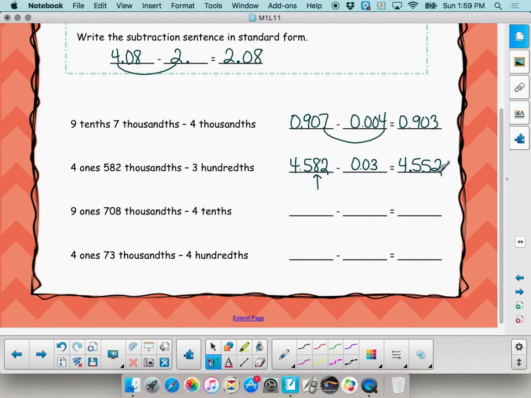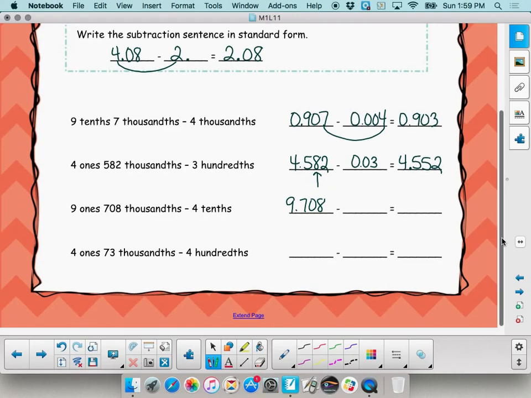9 ones, 708 thousandths minus 4 tenths. Okay, so we will subtract a 4 from the tenths place. 7 minus 4 is 3.